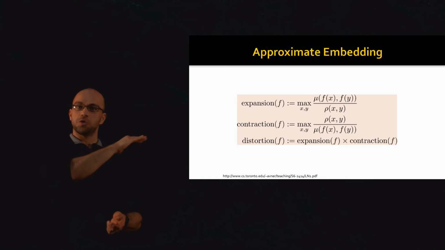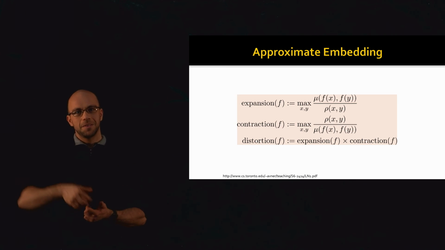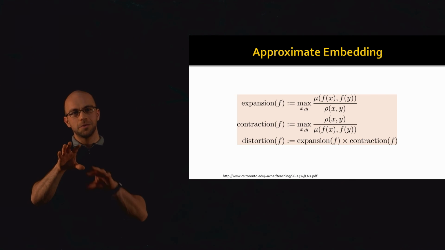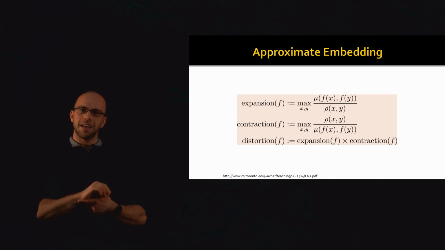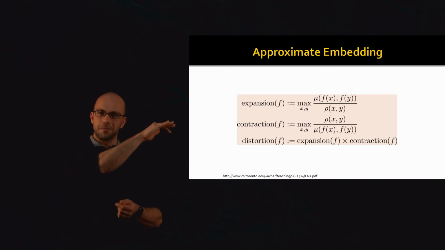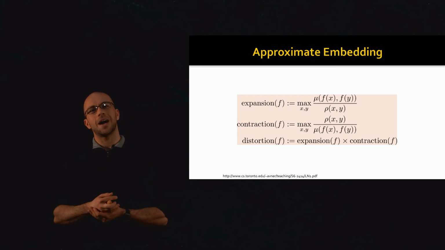Similarly, the contraction of a mapping f just flips that ratio upside down and now looks for the max of the distances in the first space to distances in the second, right? So this is measuring how much f shrinks stuff. Notice that it does in kind of a funny way. We think of contraction as a small number, but in this case, the bigger the contraction, the more my map distorts stuff.